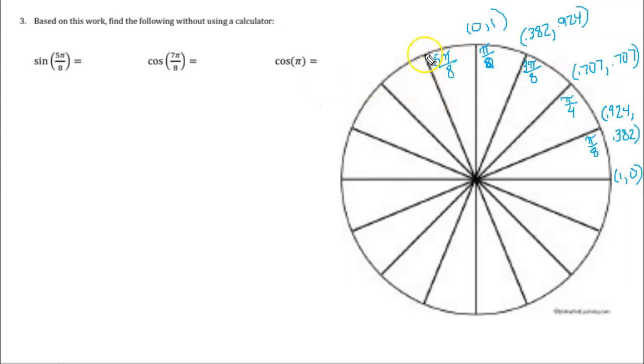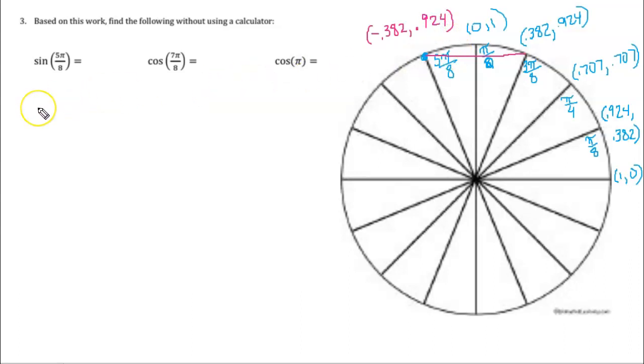So 5 pi over 8 is this angle right here. Think about all the symmetry that we've been using for the circle. We knew in the Ferris wheels that these two were the same height above the midline, so they're symmetrical across the y-axis. So if this point was positive 0.382, positive 0.924, this one is going to have a point of negative 0.382, positive 0.924.